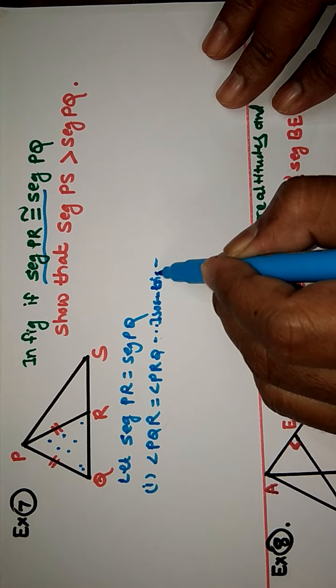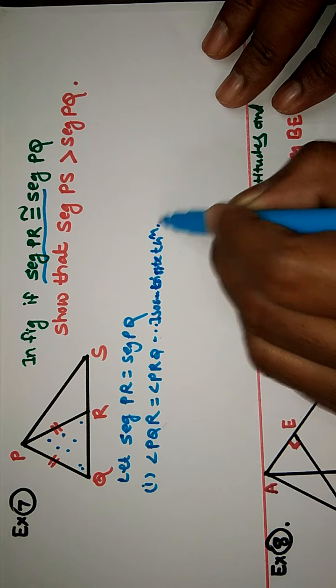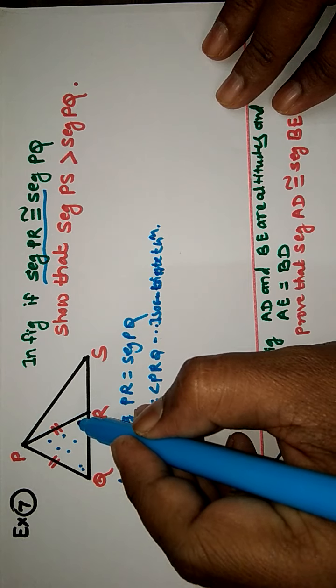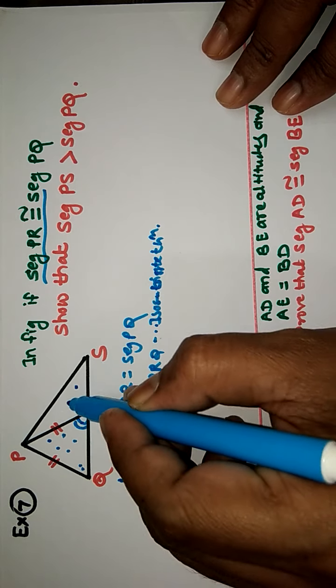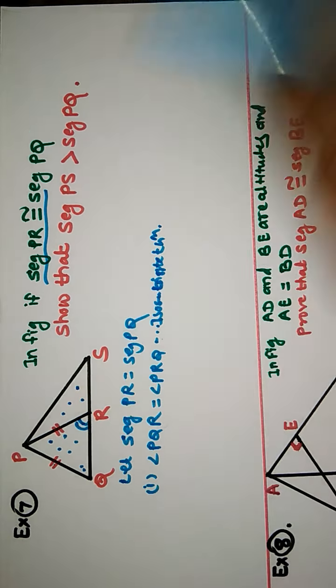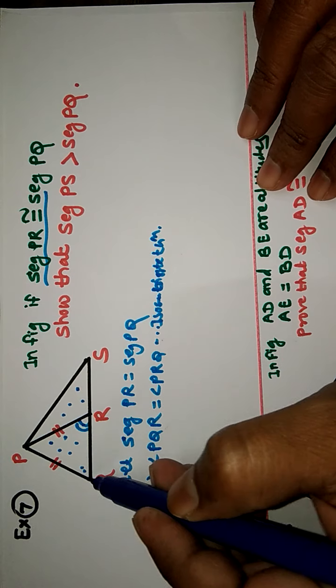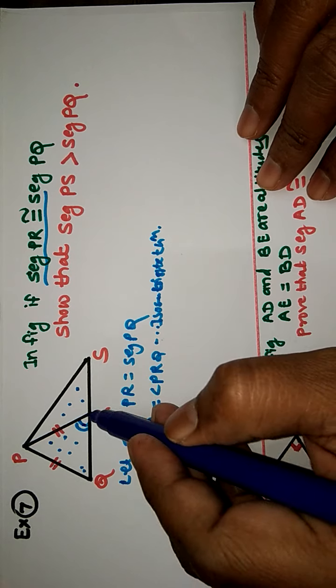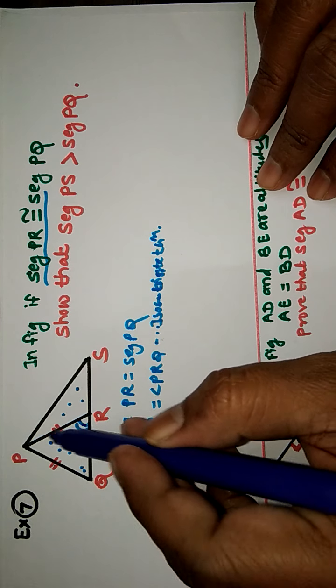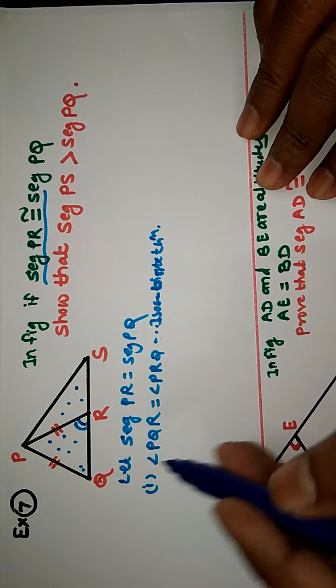Isosceles triangle theorem. But remember that this angle is the bisector of this exterior angle of this triangle. Angle PRQ is an exterior angle of triangle PRS, and every exterior angle is greater than its remote interior angle.